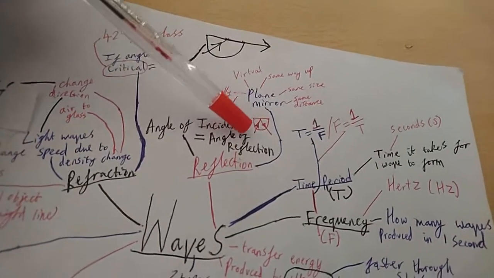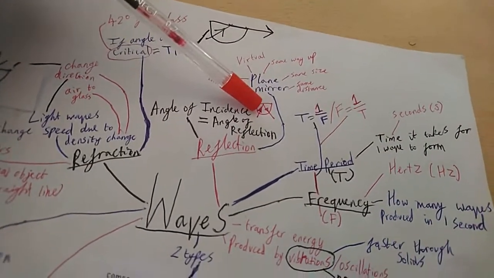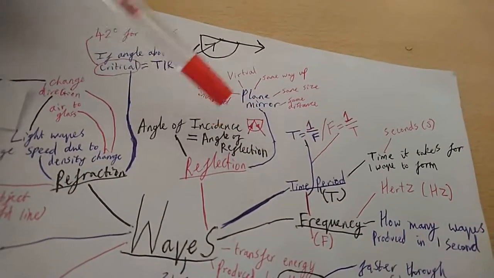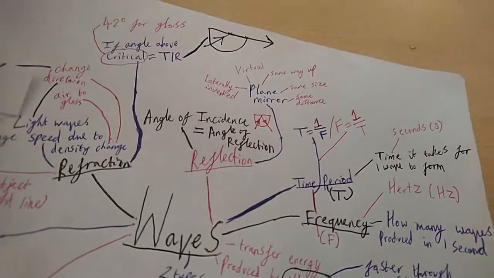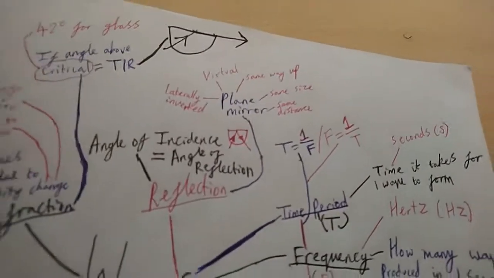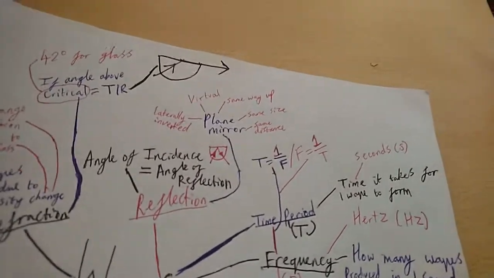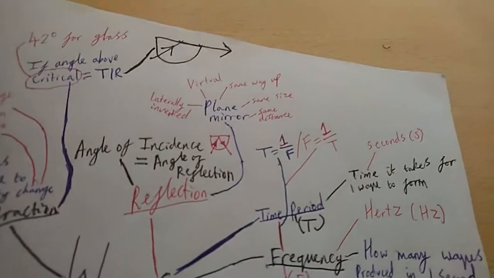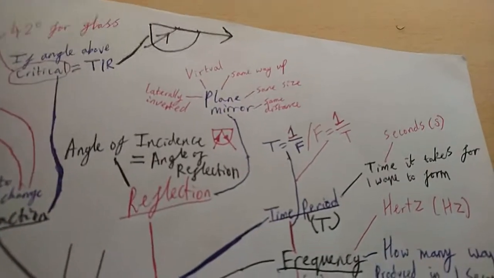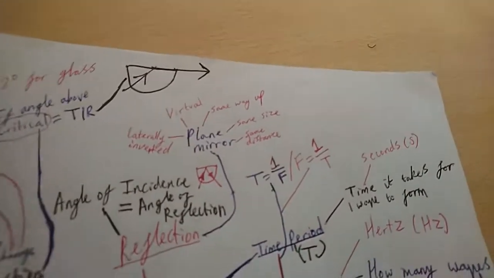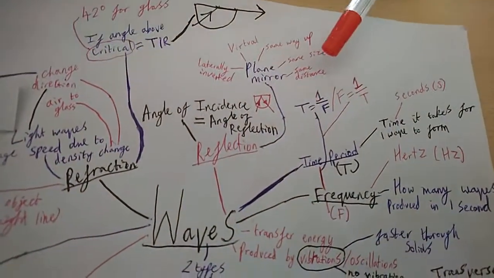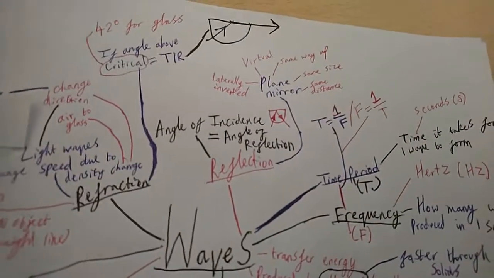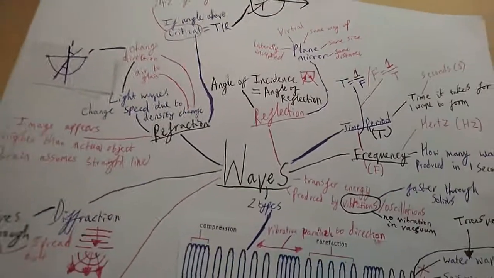As we can see here, it hits at a certain point, then on the opposite side, it's gone around the same degrees from the middle and just bounces back. So what is a plane mirror? A plane mirror is a normal mirror, and basically the image is laterally inverted, it's virtual, it's the same way up, it's the same size, and it's the same distance away as the object, which basically means there's no magnification.